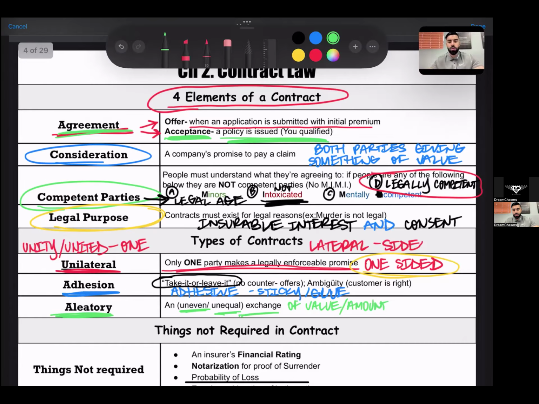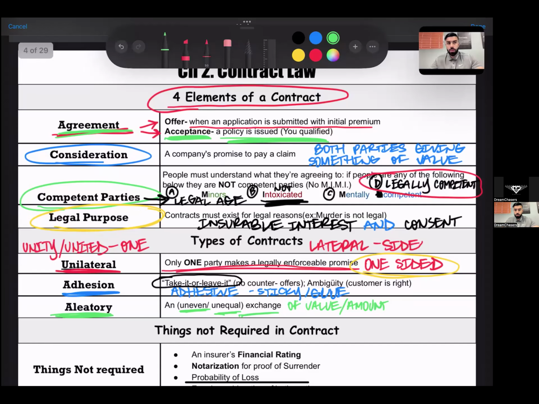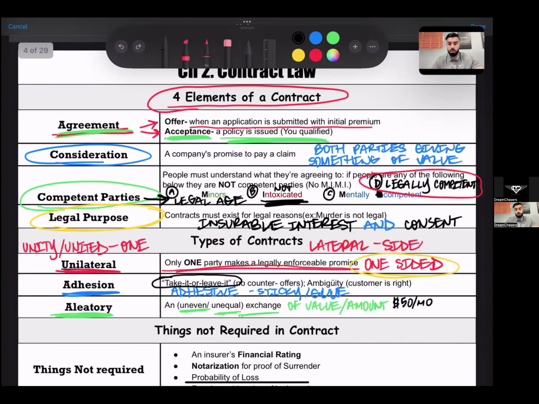Now, an example of that is let's say you're paying $50 a month for your life insurance. In a year, $50 a month times 12 months will be roughly about $600. So if you think, okay, $600 a year, in 10 years that'll be $6,000.